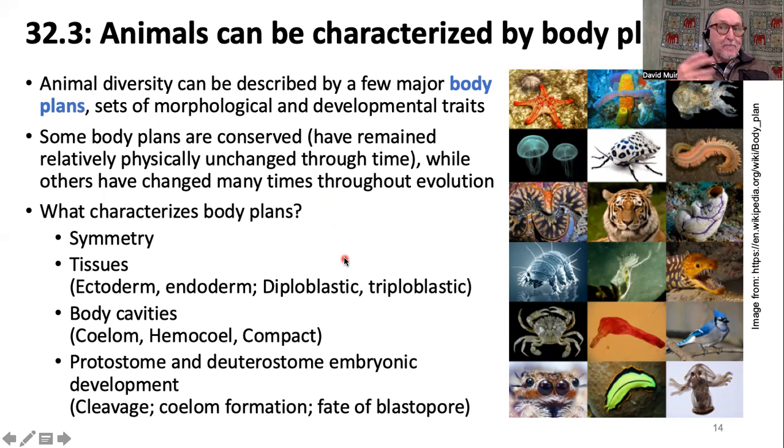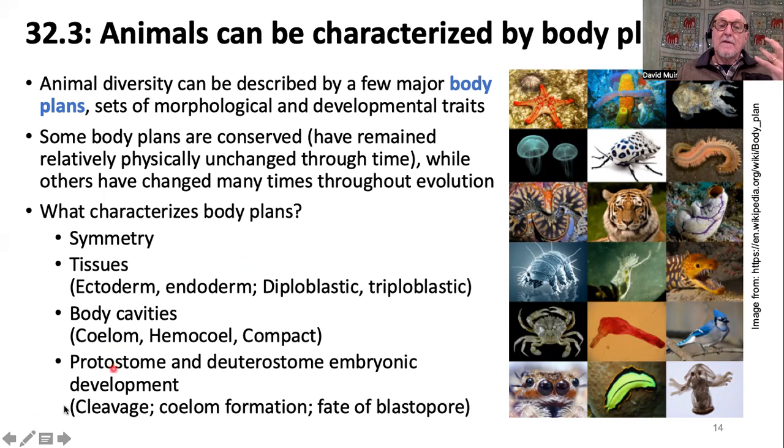So what we look at are some of these characteristics. First of all, symmetry, which I'll describe in a minute. The second are tissues. What types of tissues do they have, embryonic and in the adult form? Third, many animals have body cavities, as I'll describe to you. But those body cavities have different origins and different purposes.